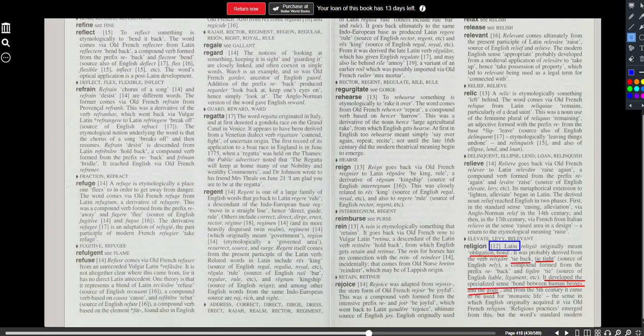Now, they're telling you that this word religion, in the 15th century, was used to refer to a monolithic life. Now, monolithic, what does that mean? It means mono. Mono means singular, by yourself.